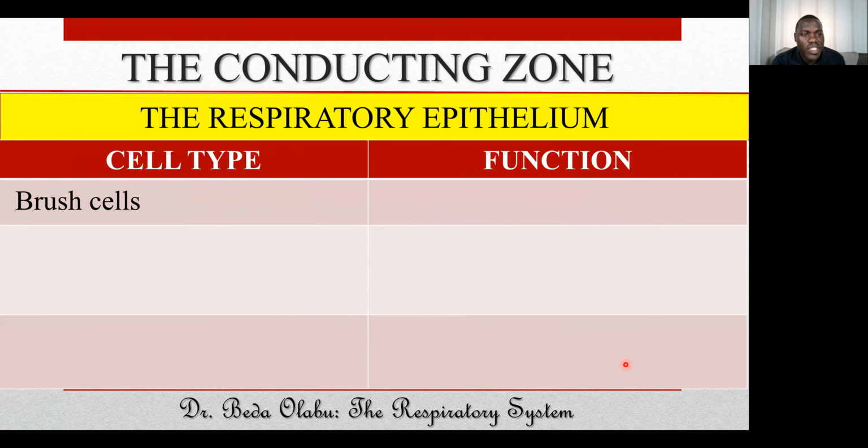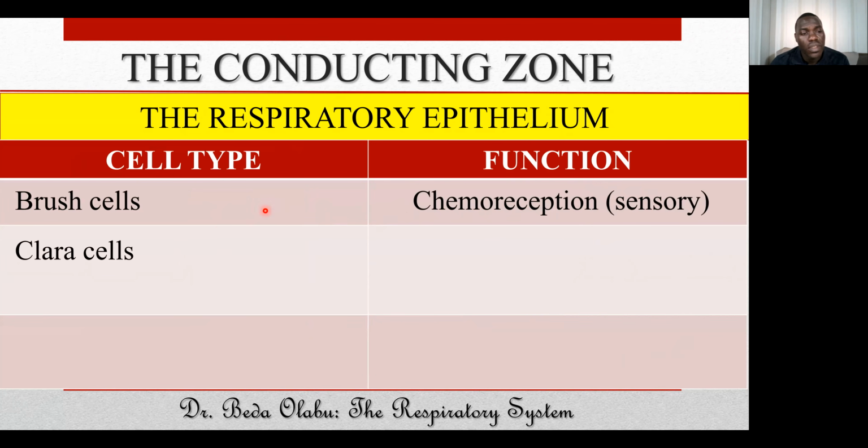The fifth cell type are the brush cells. The brush cells are chemoreceptor cells. They are believed to be sensitive to oxygen tension, so the chemical they detect is oxygen tension within the airway. The Clara cells are unique only to the bronchioles.